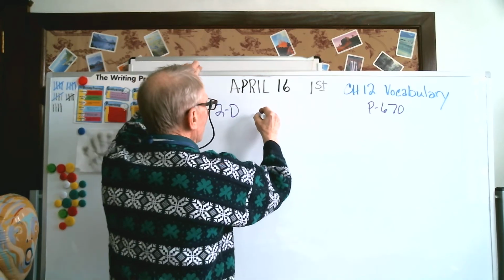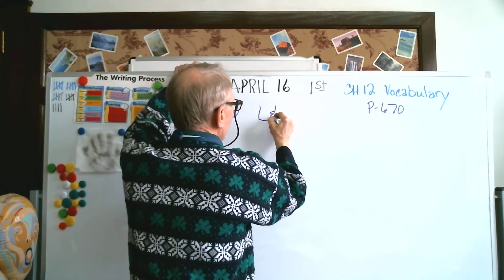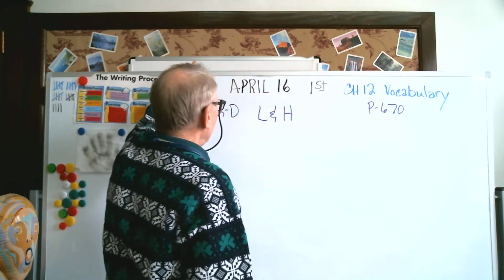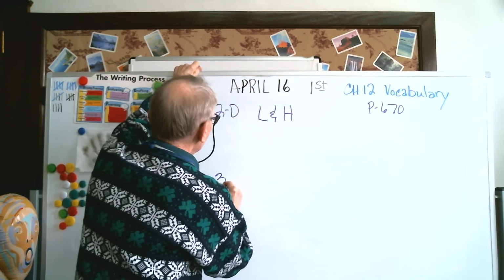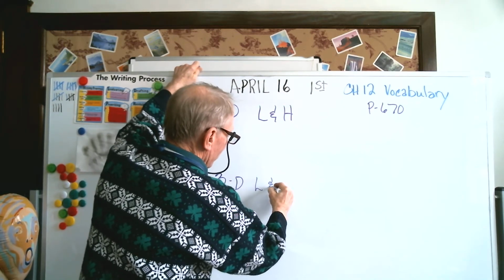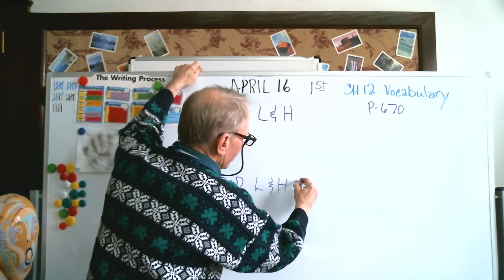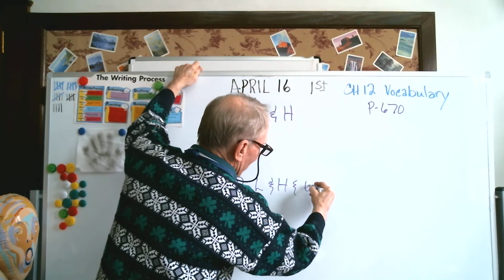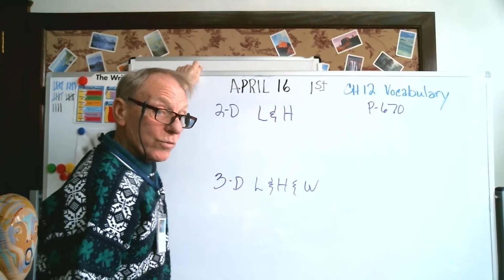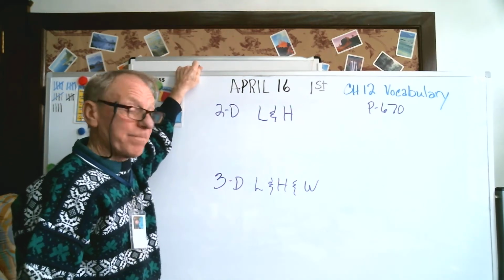has length and height. Three-dimensional has length, height, and width. Each one of those represents a dimension.